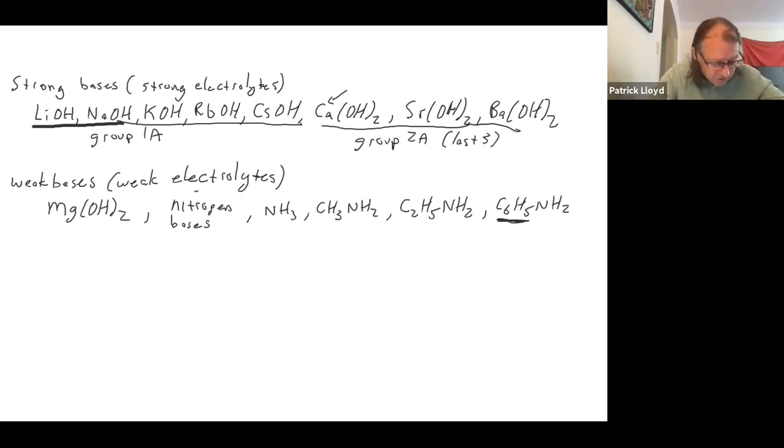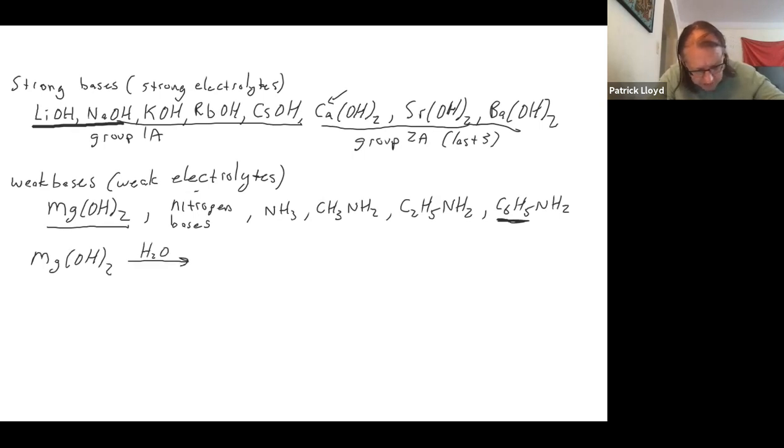So the magnesium hydroxide, the reason it's a weak base, a weak electrolyte, is that if you put it into water, only 1% dissolves. Now, when it dissolves, it forms magnesium plus 2 and hydroxides.